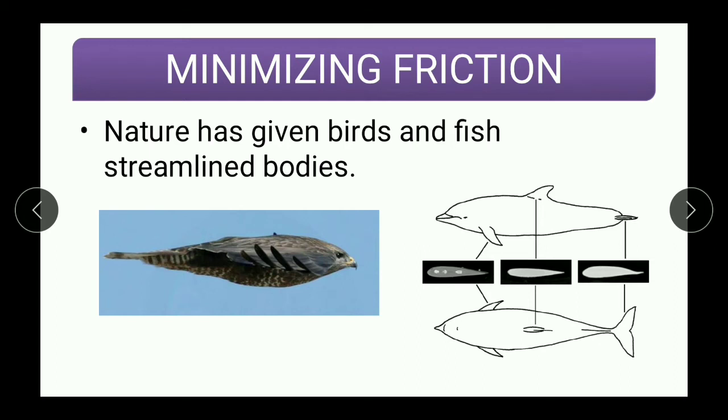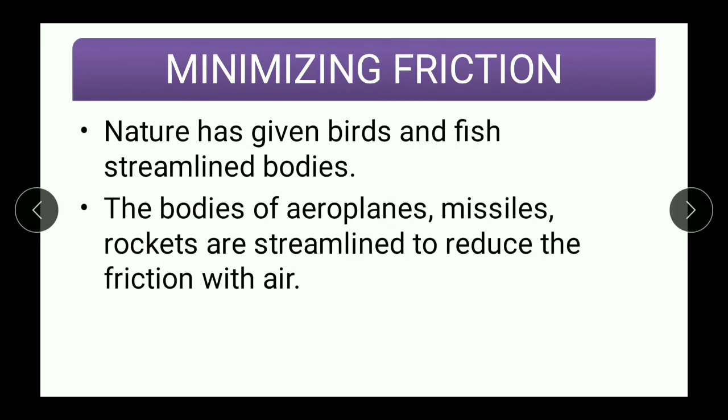Let us see the next point. The bodies of aeroplanes, missiles, and rockets are streamlined to reduce the friction with air. So we human beings also, after realizing that streamlined objects have to face less friction, changed the shape of certain vehicles like aeroplanes, missiles, and rockets, which were discovered after the industrial revolution.